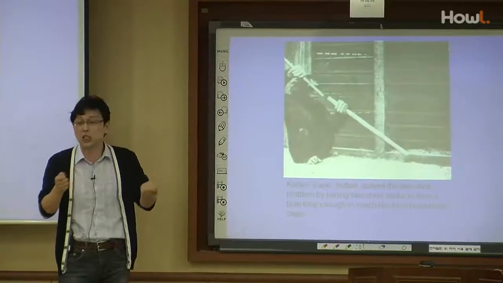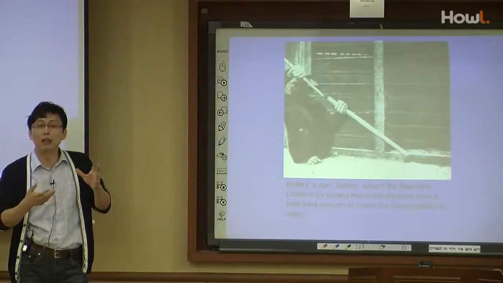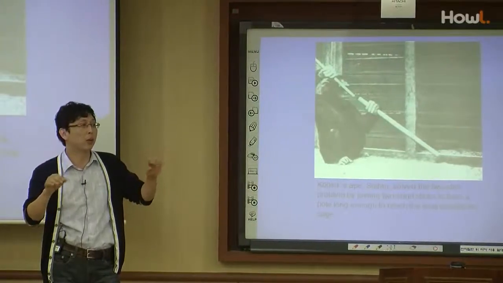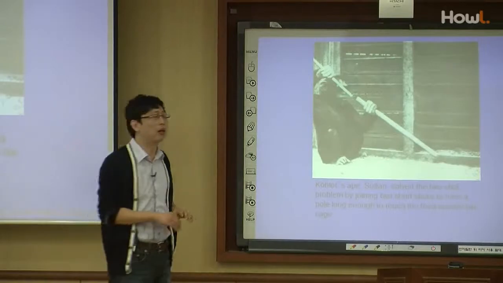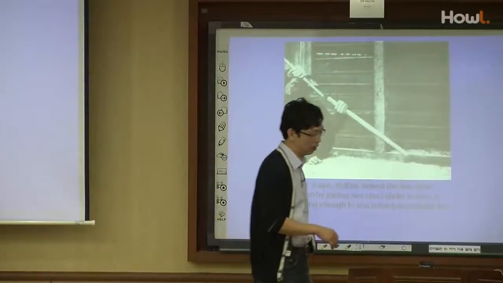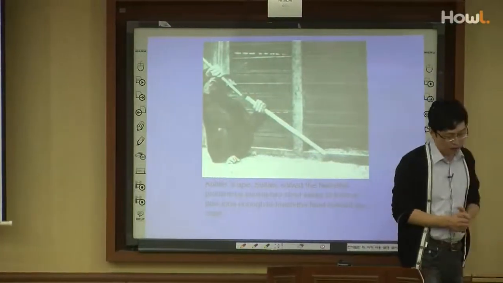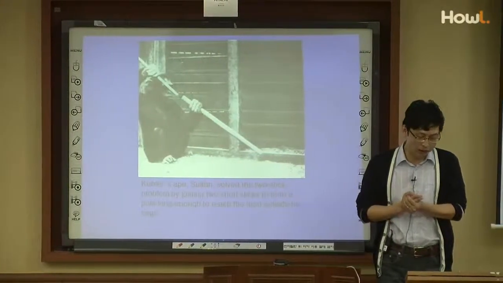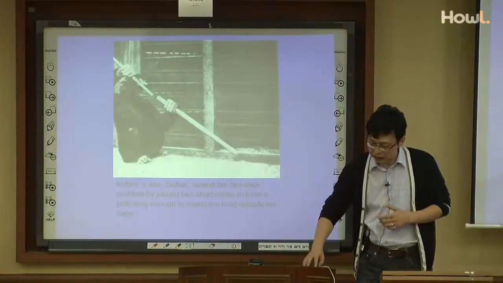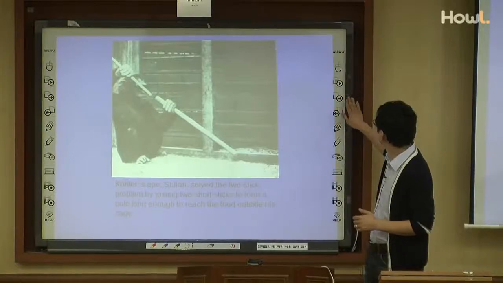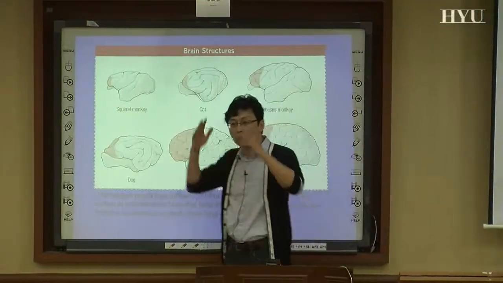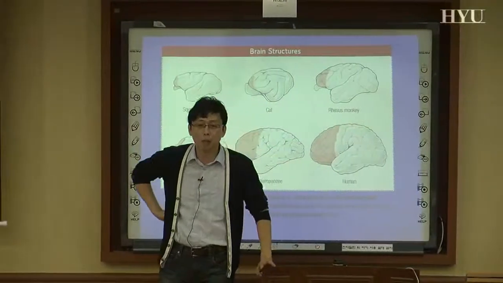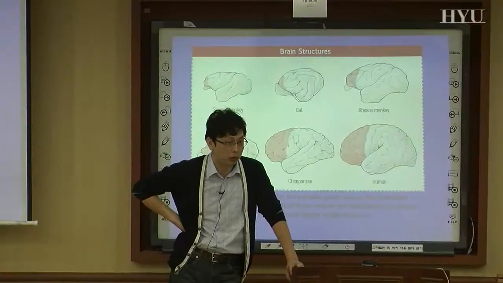Initially he couldn't reach the food with the short stick, but when he put them together, he could do it. So by trial and error, he did a kind of problem solving that we only believed humans could do. This experiment is important because humans and other animals, in particular primates, can do problem solving.